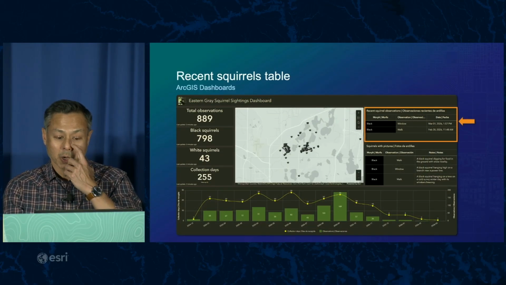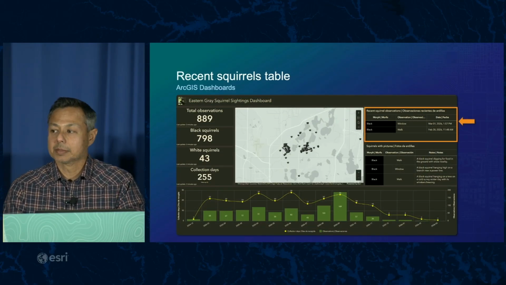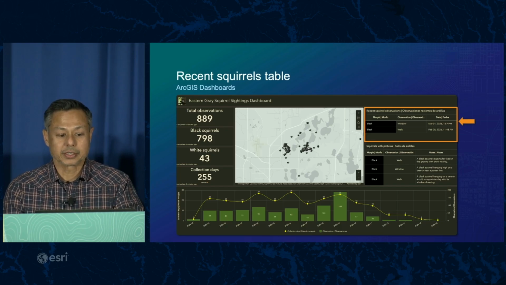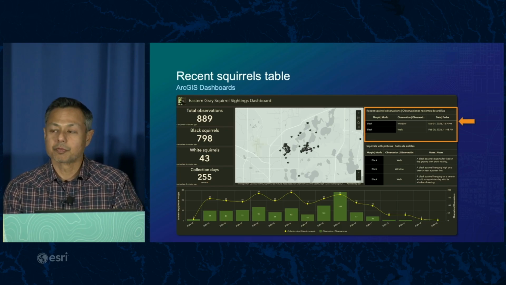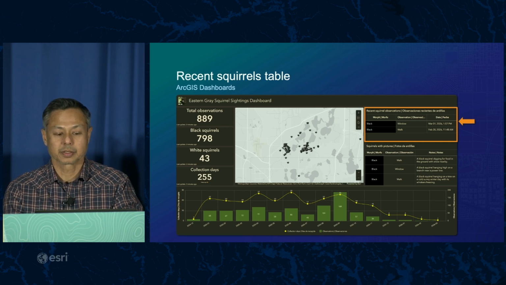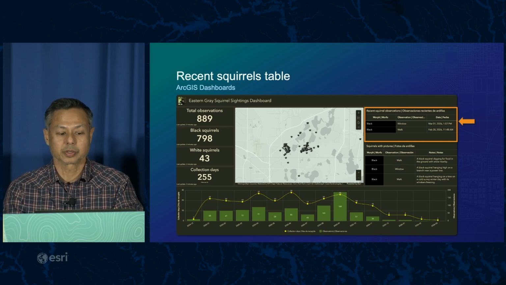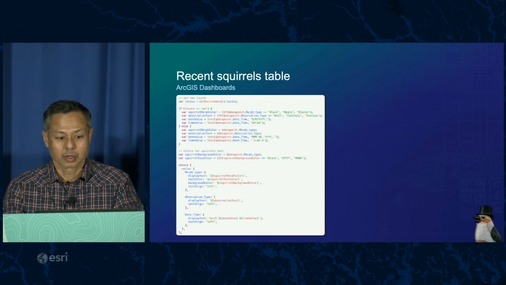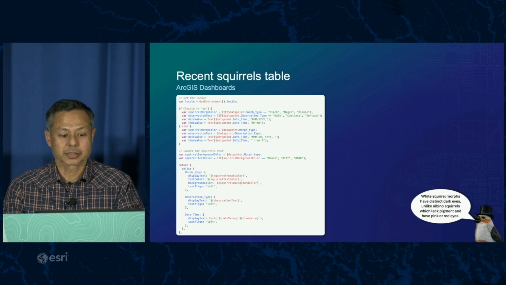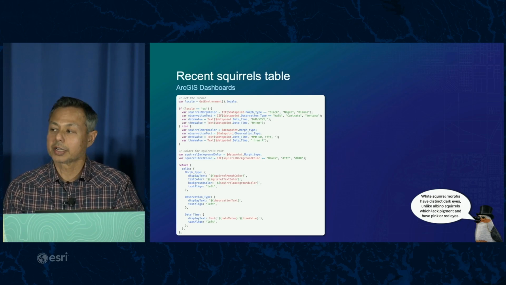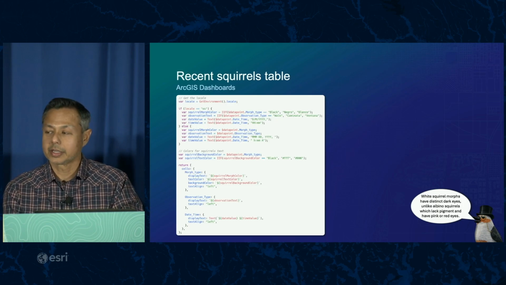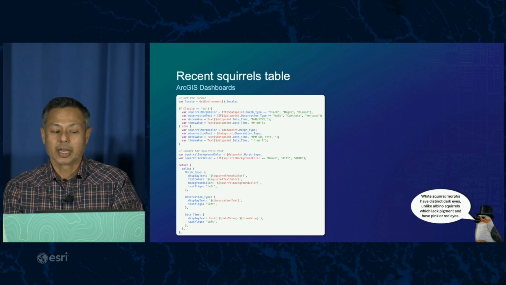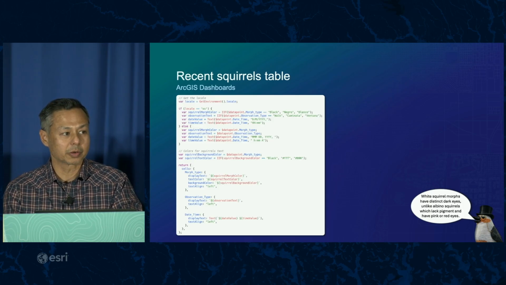Okay, so we're going to take a look at one of the elements here, and in this case, review or analyze the expression that was used to support the recent squirrels table. So what we're looking at here is an expression that really drives that table, and now Kitty alluded to it in previous slides that everything really starts from the get environment locale.